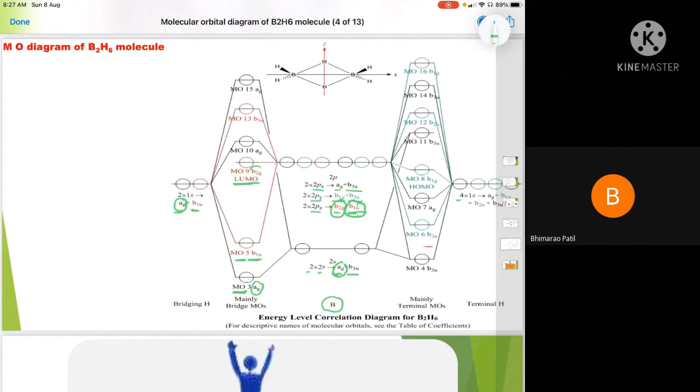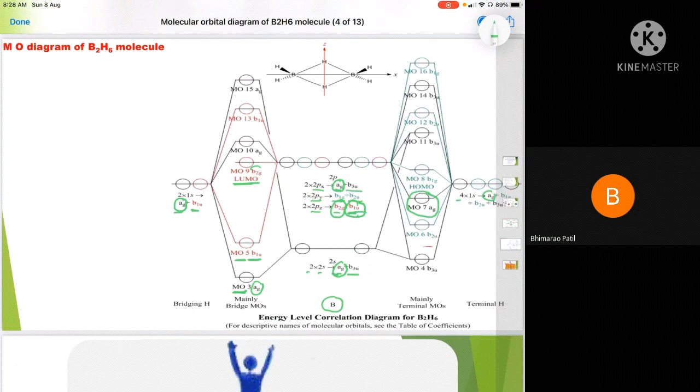Then this Ag is combined with the Ag hybrid orbital of the boron to form number 7, that is the molecular orbital Ag.